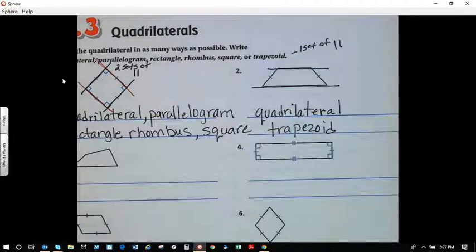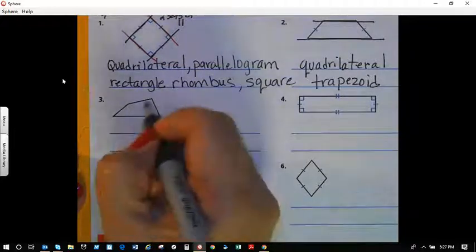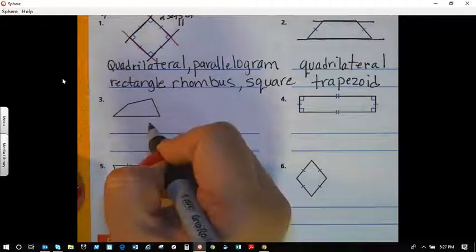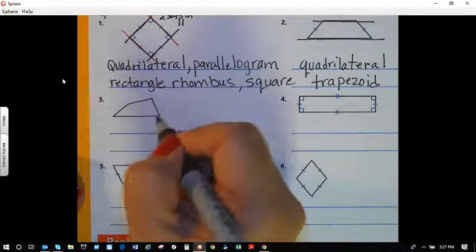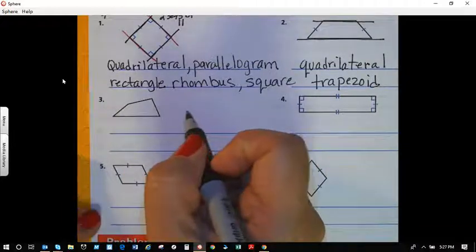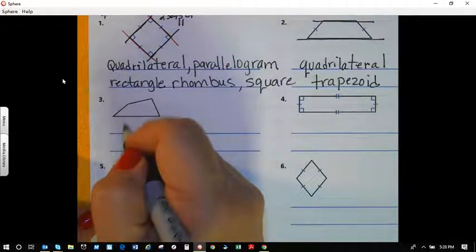All right. This one right here, we just said it was a quadrilateral. It's nothing else. There are no parallel lines here, so it's not a parallelogram. It's not a rectangle. It doesn't fit the characteristics of a rectangle. It's not a rhombus. It's not a square, nor is it a trapezoid. So it is just a quadrilateral.